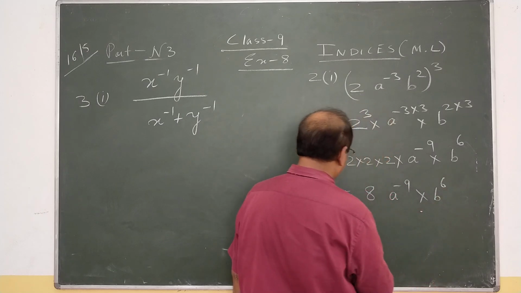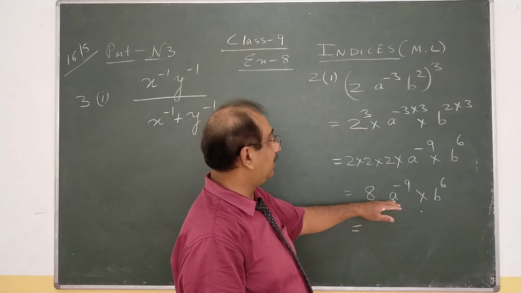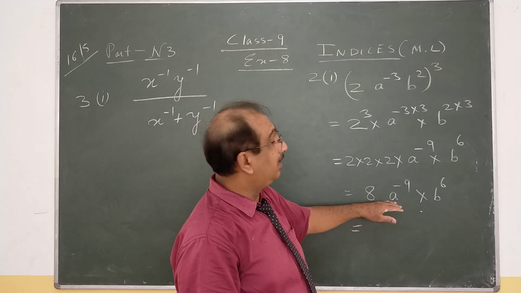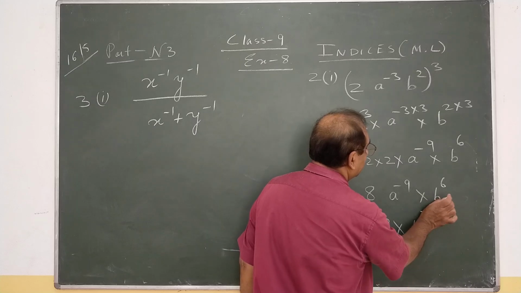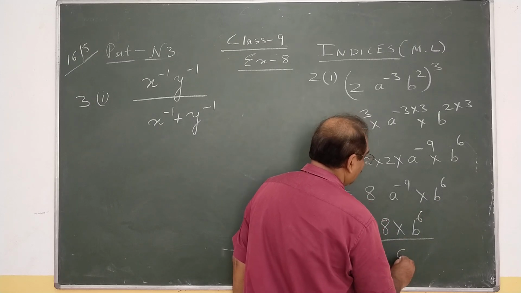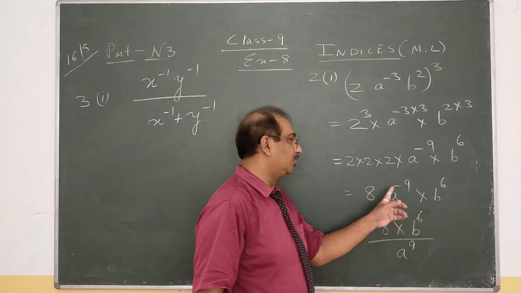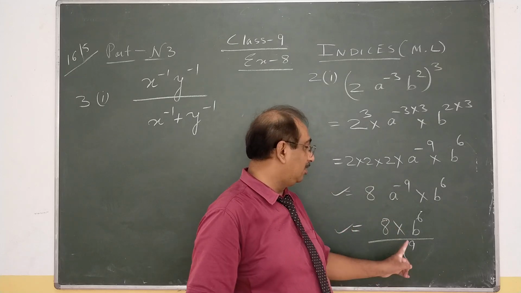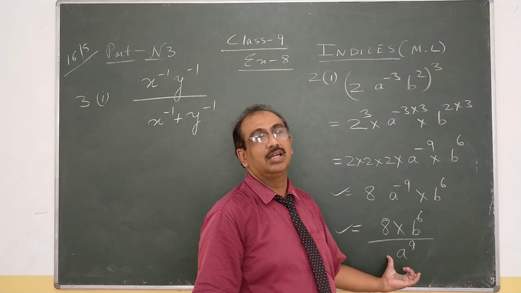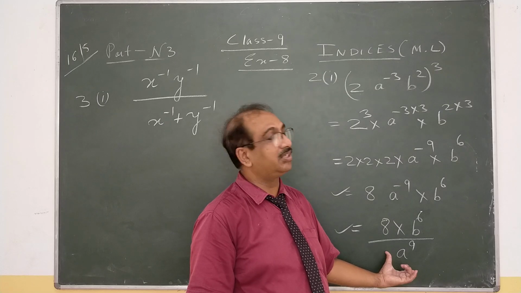But sometimes the question says give the answer in positive index. Index means power. So there what we do, the negative thing goes down, children, because this is negative power. So you may leave the answer here or you may come here, because generally they say give the answer in positive index.